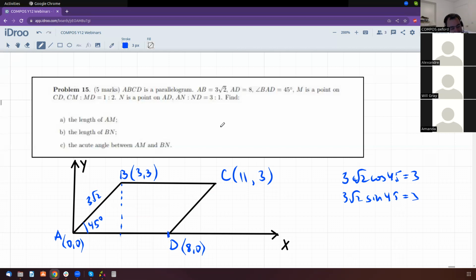Now point N is on AD, and it's 3 to 1. Because we know that AN to ND is 3 to 1, and in total there are 4 parts, so N has coordinates 6, 0.